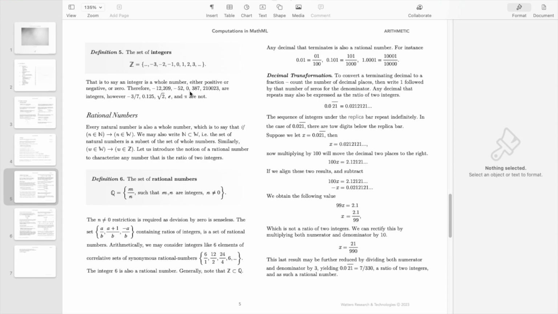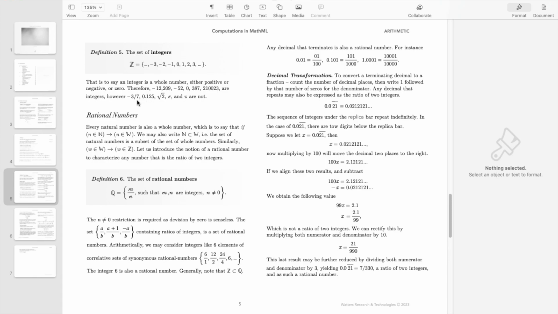Therefore, we have some examples of integers here. And of course, Euler's number and pi are not integers. Neither are these. We have a rational number here, and we have a rational number here.